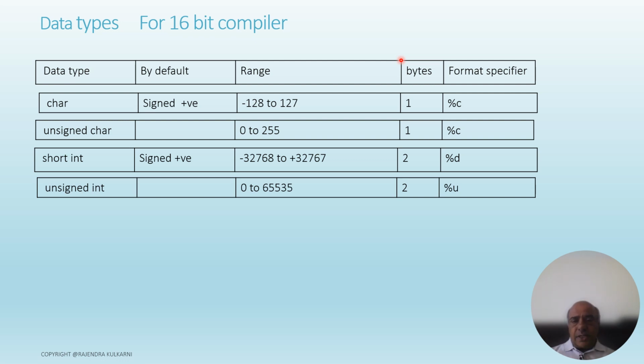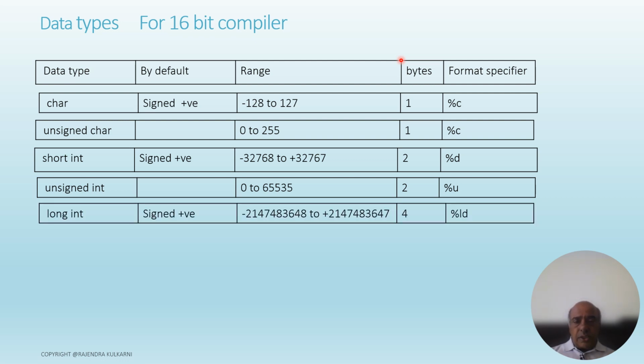Then there is unsigned int. As there is no sign required for the values, we use unsigned int. Its range is 0 to 65535. Bytes are 2. Format specifier is %u.